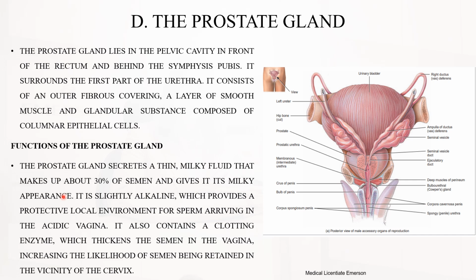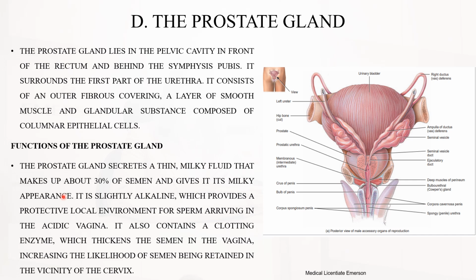Then the prostate adds the milky part, which is 30%. So that's why sperm actually looks milky, due to the secretion from the prostate.